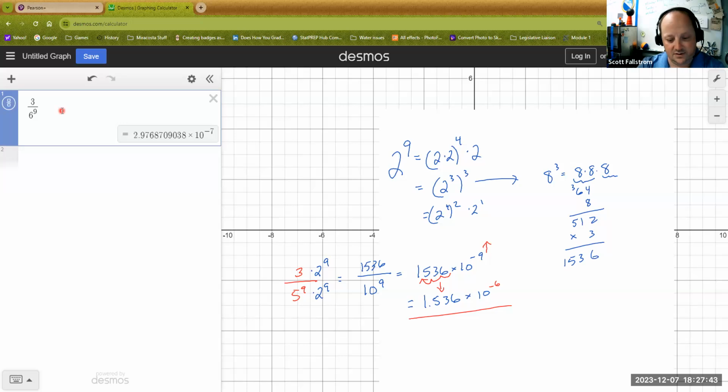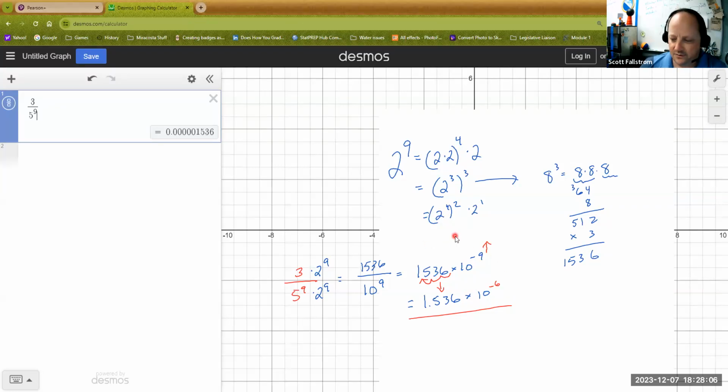Oh, I did 6 to the 9th. Whoops. 5 to the 9th power. Okay, there it is. So 1536. And if I count over 3 decimal places, that would be 6. And that's your 10 to the minus 6. So there you go. That's how you can do it.